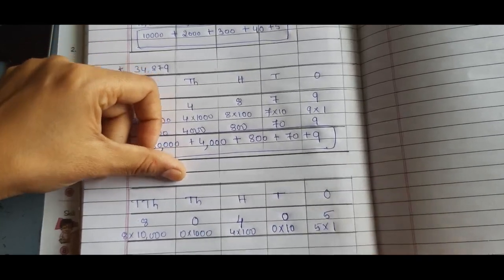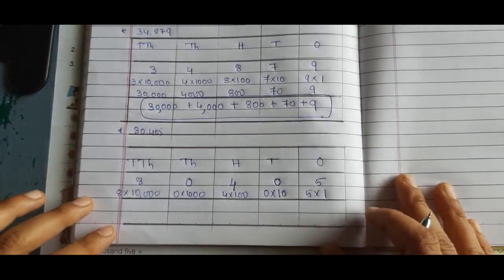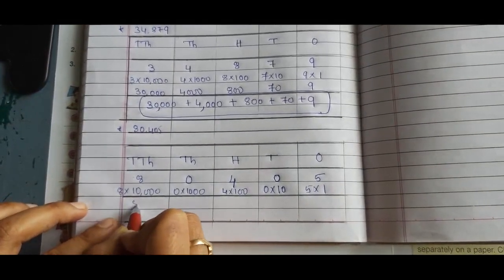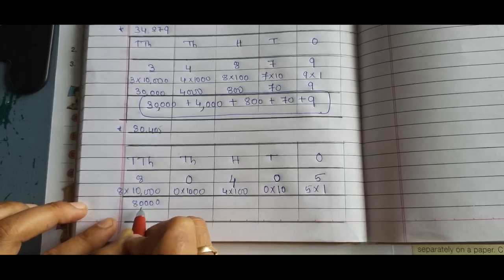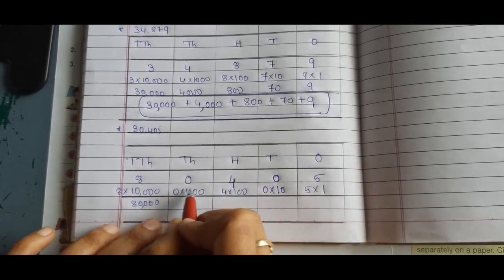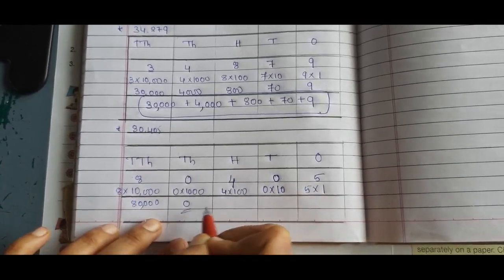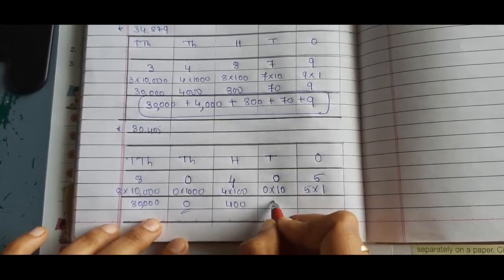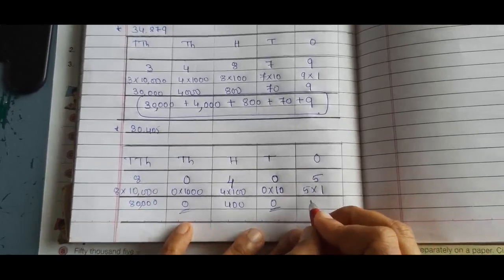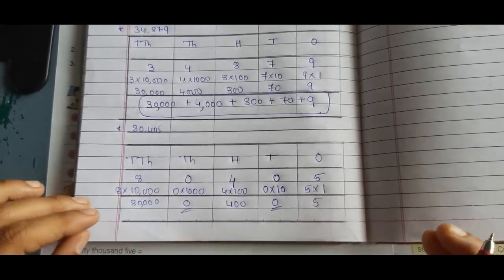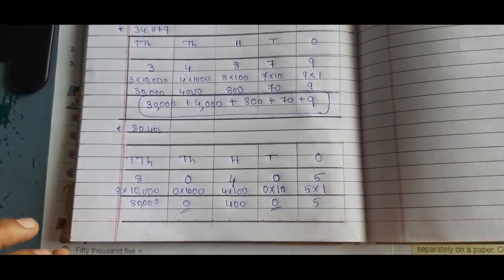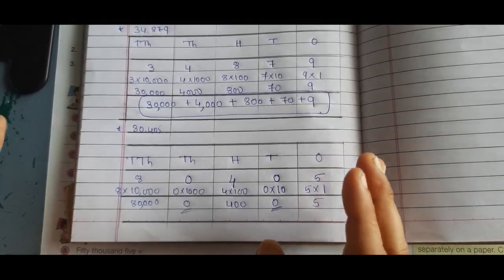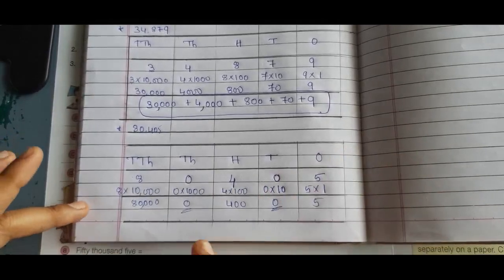5 into 1. Okay. Next, multiply these numbers. 8 into 10,000, 80,000. Here 0 into 1000, 0. 4 into 100, 400. 0 into 10, 0. 5 into 1, 5. Now, when we get 0, we have to exclude that place.